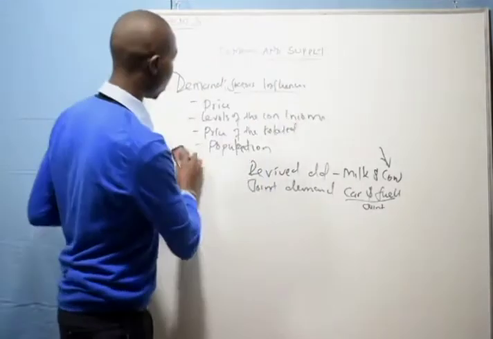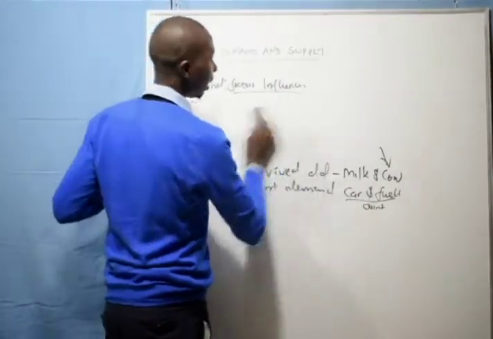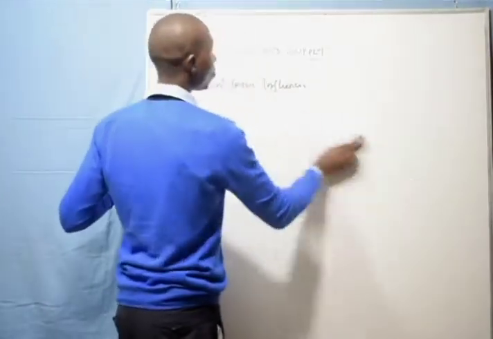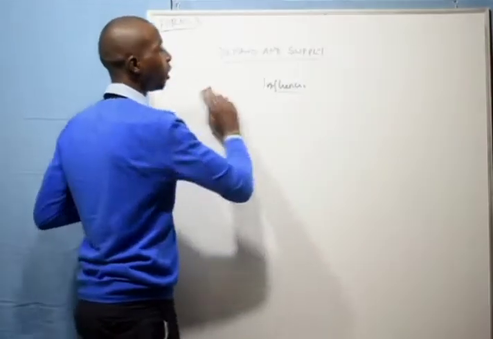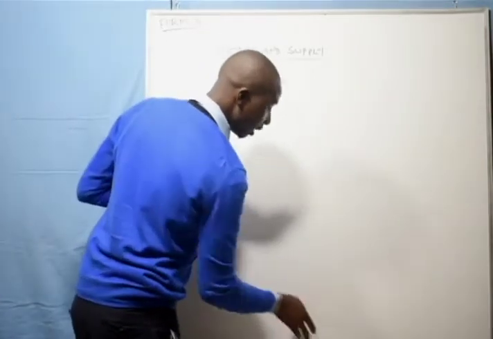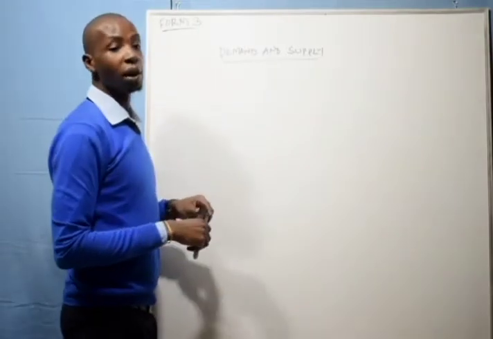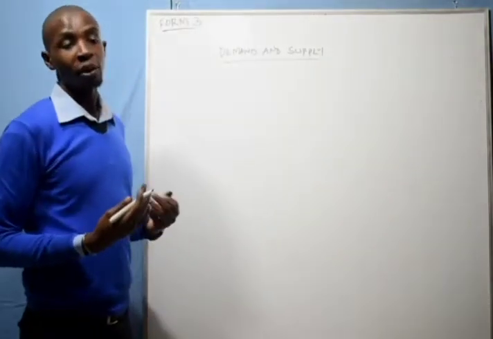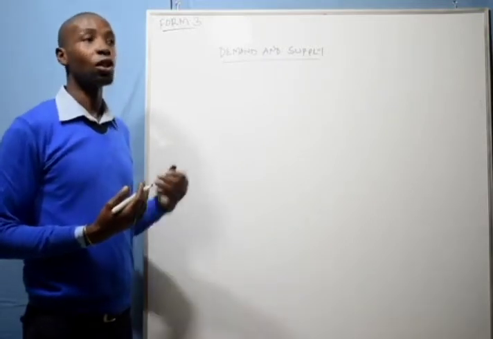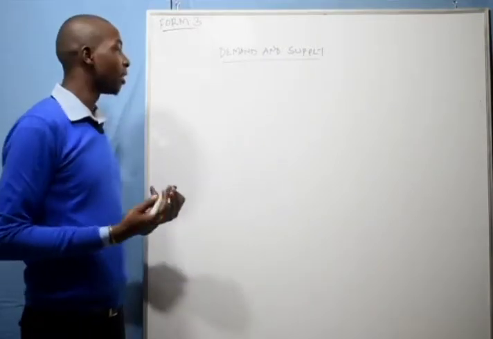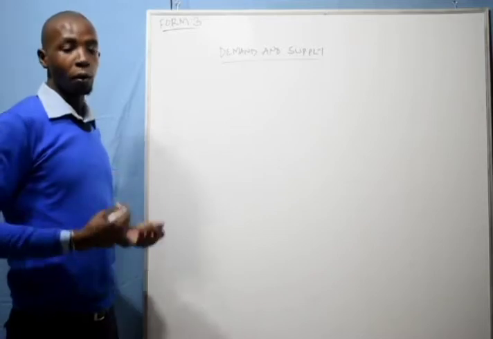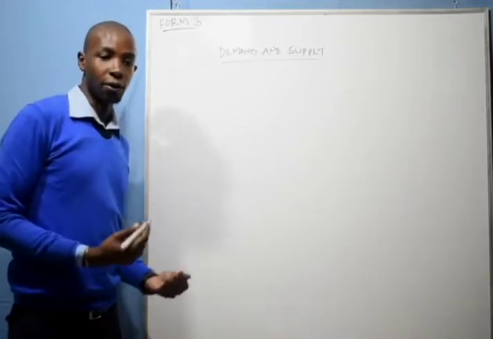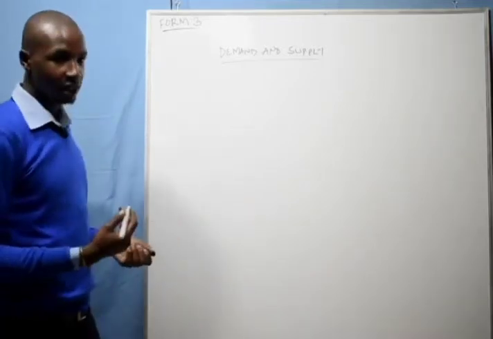On a demand schedule, this is simply showing prices per piece of a commodity needed by a different number of people. So we're going to take example of a loaf. We are going to see in the village of Nyamakeba how many people will want a particular number of loaves at a particular time.